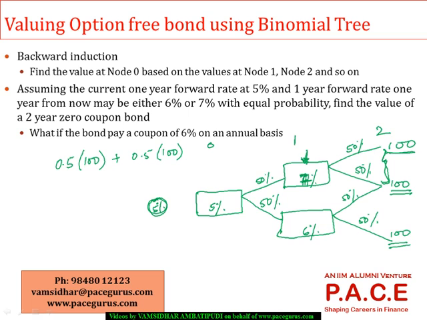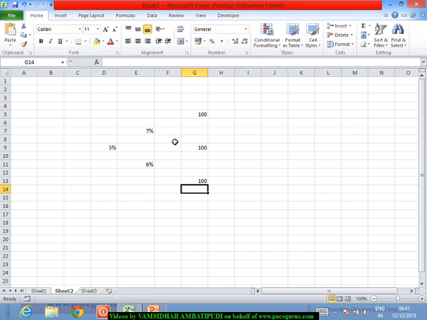But if I want to find the value of the bond as on here, I will divide it by 1.07, because this is a 1 year kind of a rate. So the value of the bond as on this date is nothing but 0.5 times 100 plus another 0.5 times 100, whatever is 100 itself.